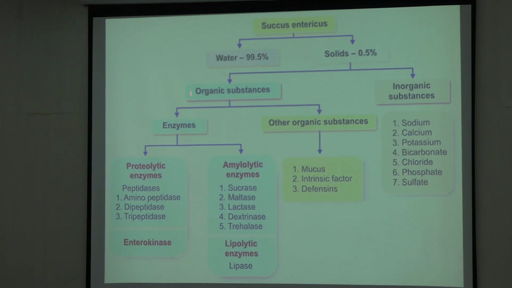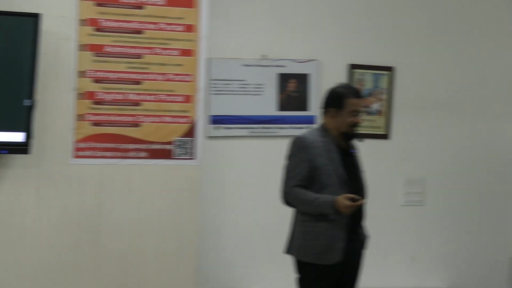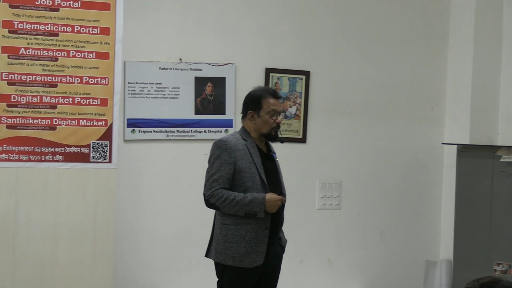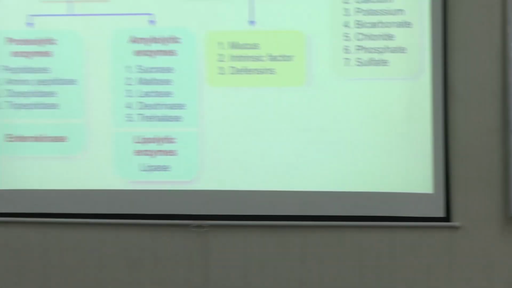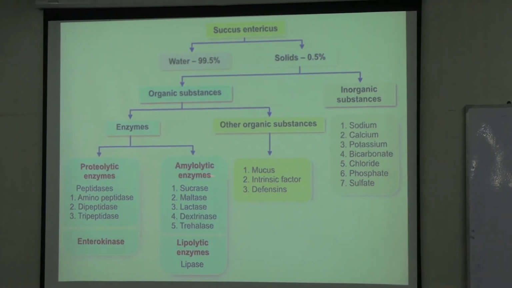Among the organic substances, we get enzymes and other organic substances. I told you in the previous slide, I couldn't remember the name of the local hormone, but I said these are one kind of cytokines. They help in protecting our body. The actual name is defensins. See, another organic component: defensin.